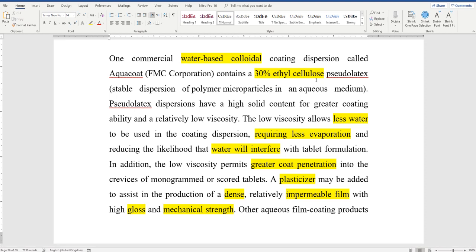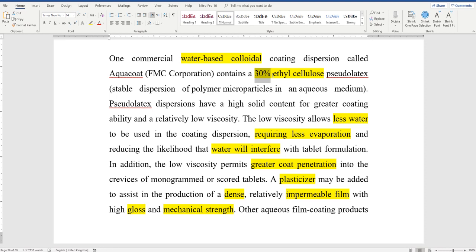Now, the good thing about this, as you see, 30% is considered as high concentration. معناته the vehicle is اللي هو water, which is available as 70%, let's say, is considered as between brackets as not very large.